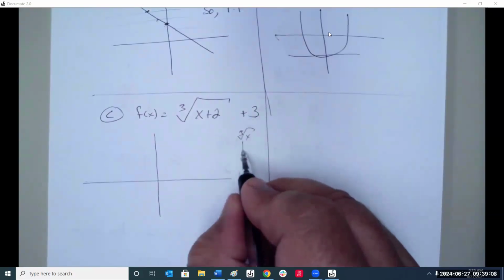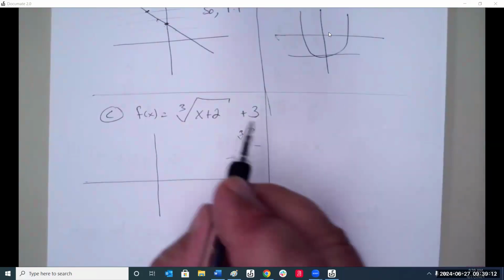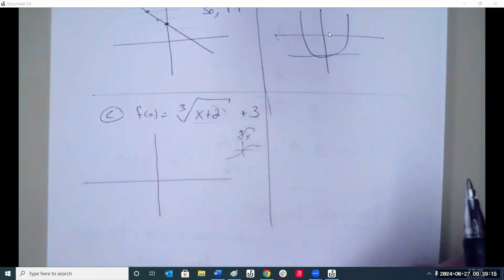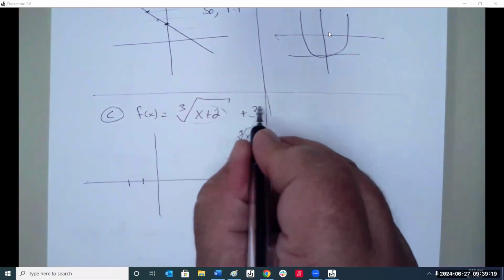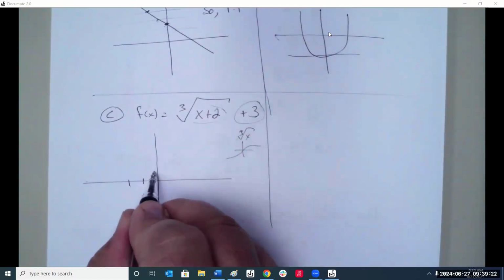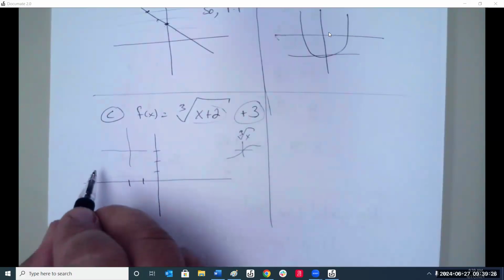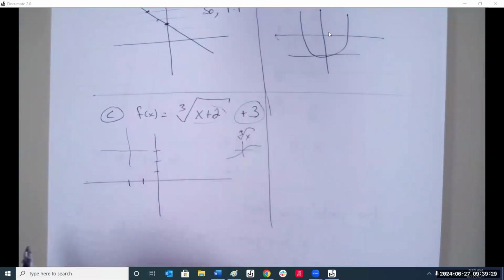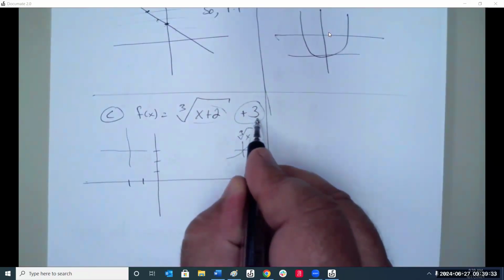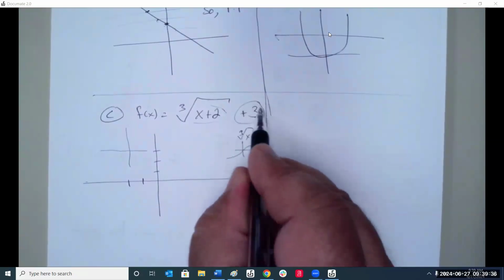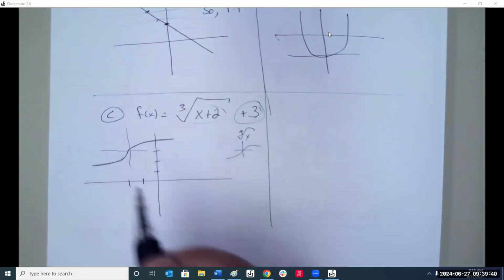And the cube root of x looks like that. It goes 2 units to the left and then 3 units up. So there's my new origin. So the graph is like this.